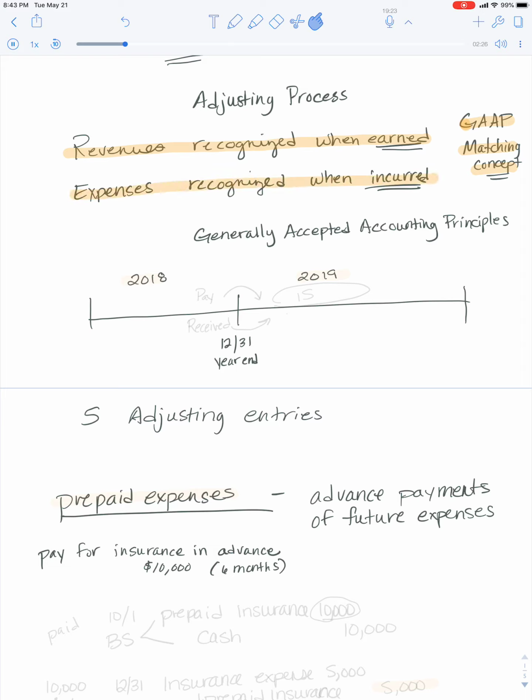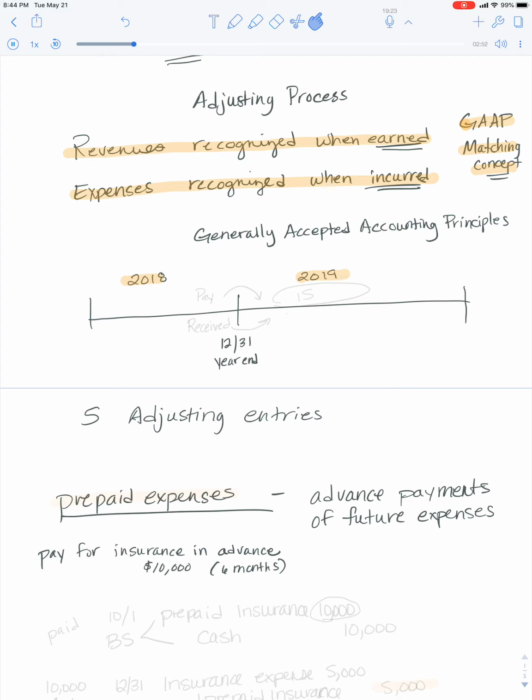So one major part of adjusting entries is this whole 2 periods or 2 years that we're working with. We may not actually pay for something until 2019, but it's earned or incurred in 2018.